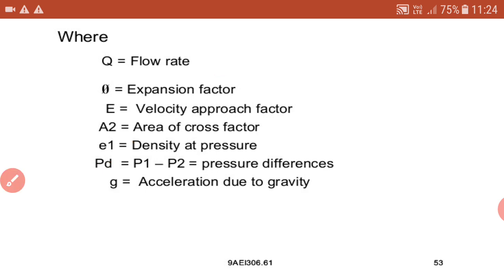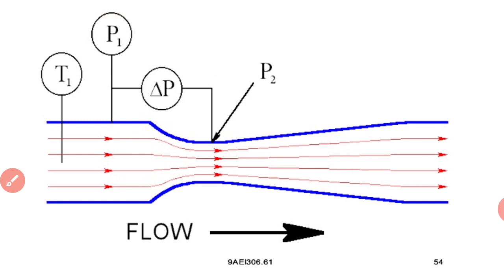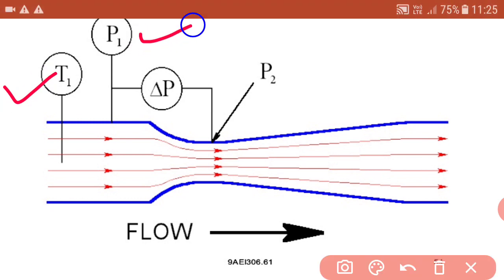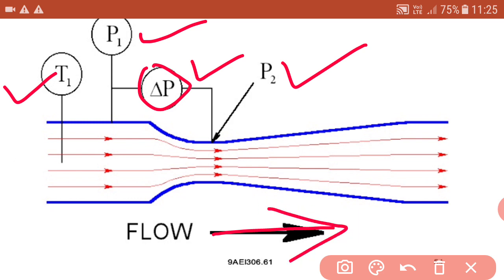So these are the parameters used in Bernoulli's equation. Now here is also a single line diagram of this Venturi meter. Here we can see pressure 1 and pressure 2, and there is a difference in this pressure. Here is the flow of fluid.